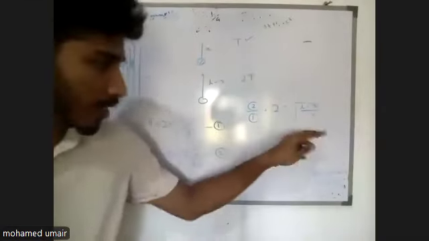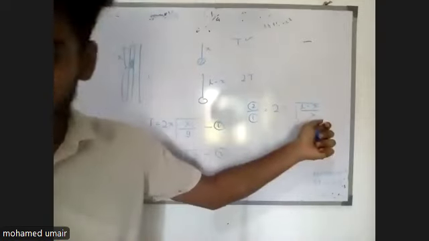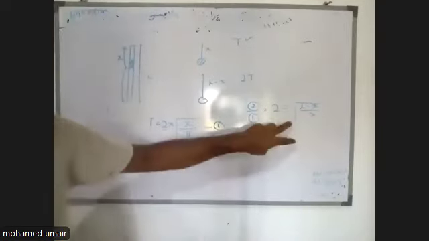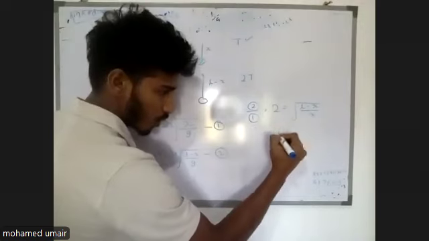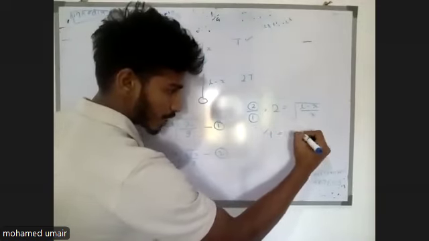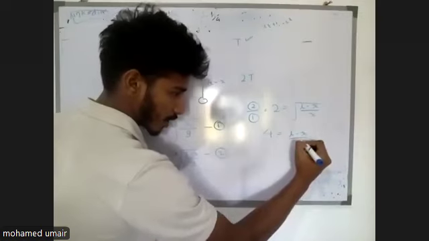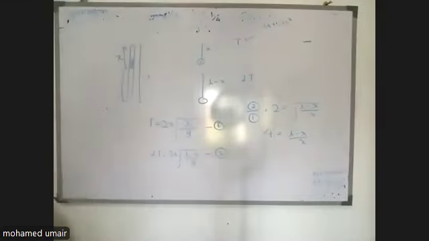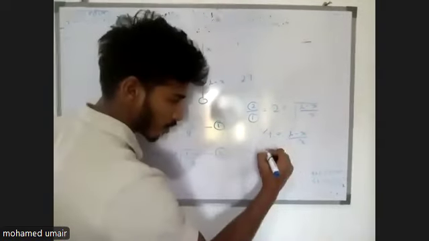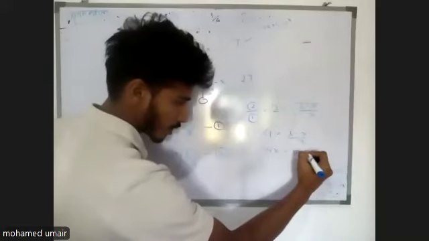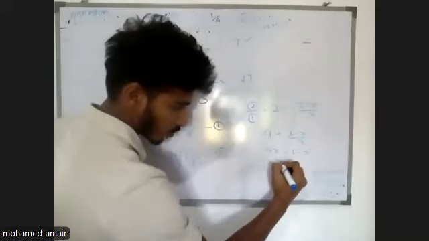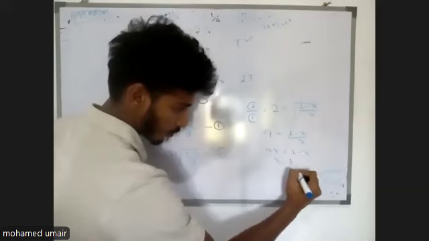Now you can see that I need to find the value of x, but I have a square root here. So I'm going to square both sides. I will obtain 4 is equal to L minus x over x. Now you can just cross multiply. 4x is equal to L minus x. My answer for x will be L by 5.